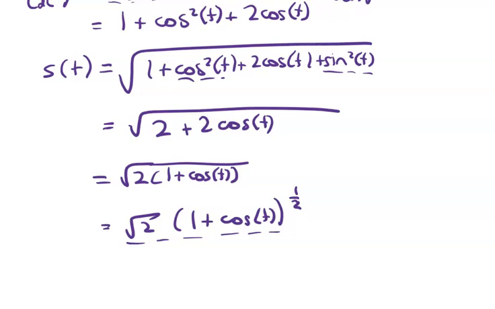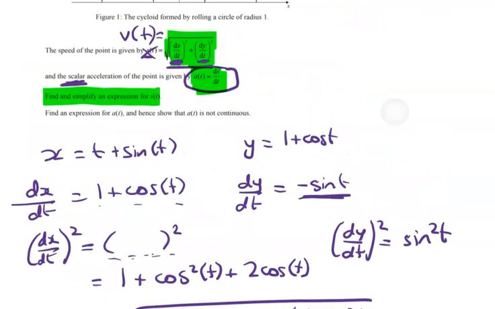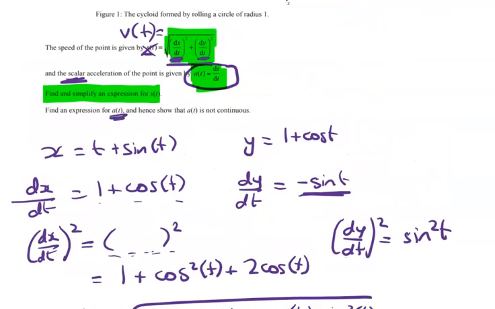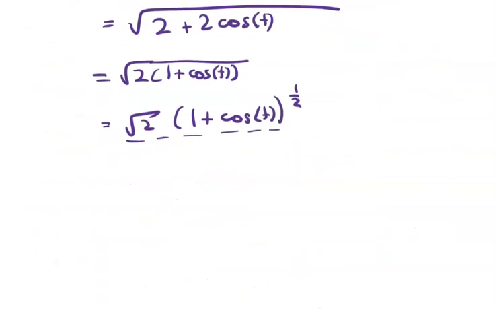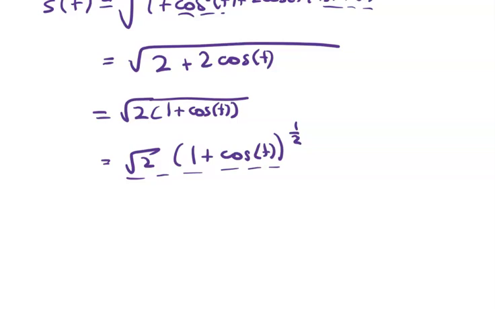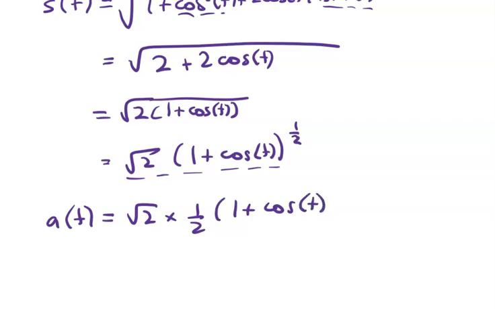I'm writing it like that because I know that the next step is going to be to find an expression for a of t. So that first part is done. I'm guessing that was probably worth 1 mark. There wasn't too much hard in that at all. And then the acceleration expression is going to be root 2 times a half, 1 plus cos of t to the power of negative a half. And then using the chain rule on this, I need to multiply by negative sine of t.